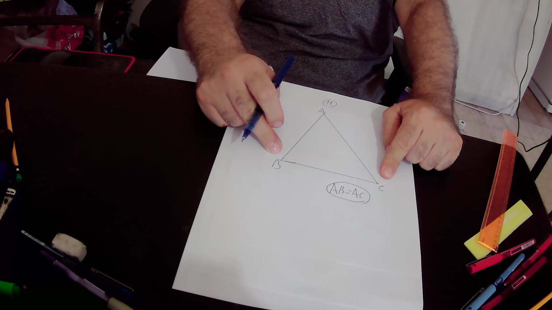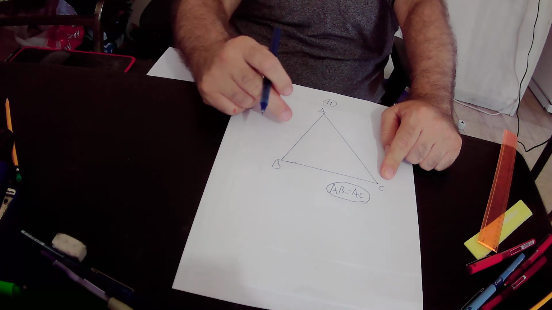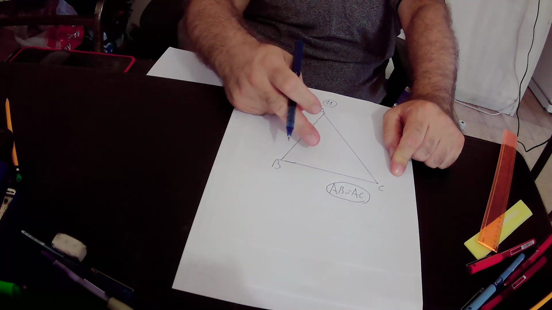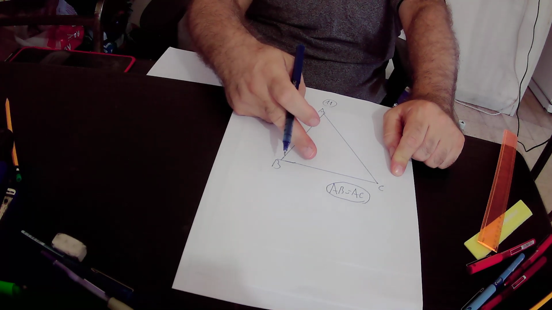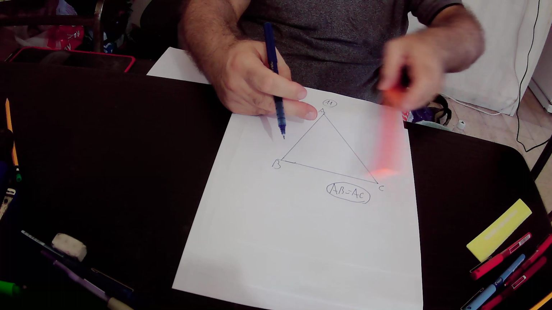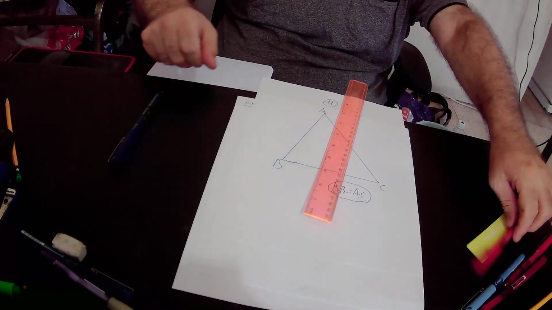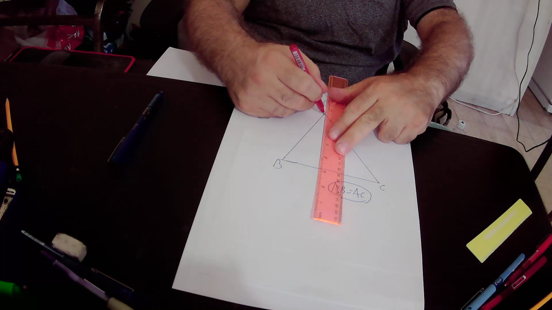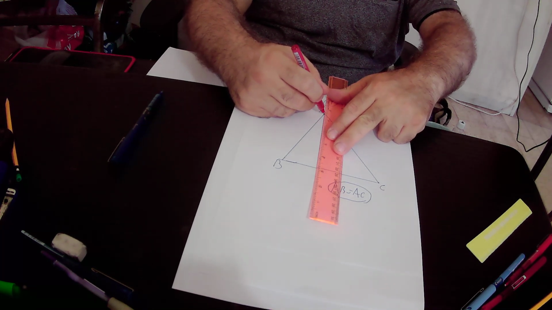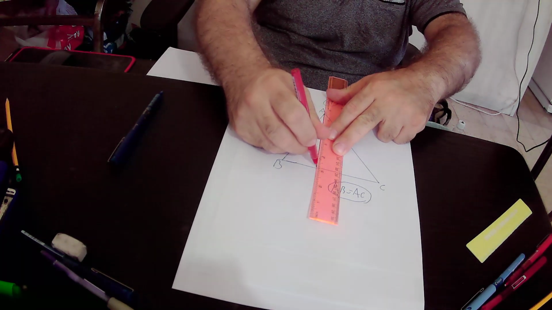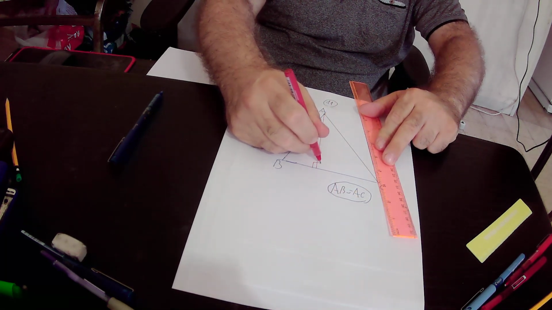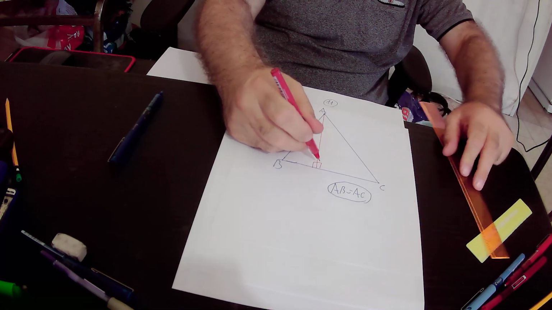So if we draw from point A a perpendicular to the base BC, this is a right angle, and this is also a right angle.